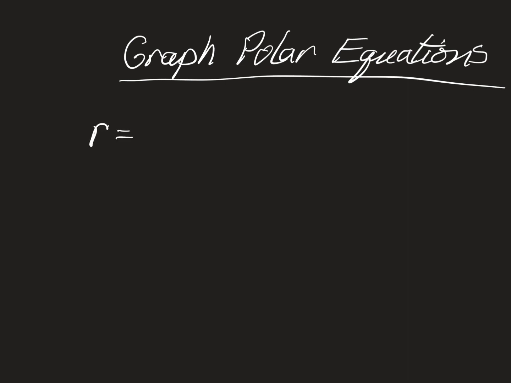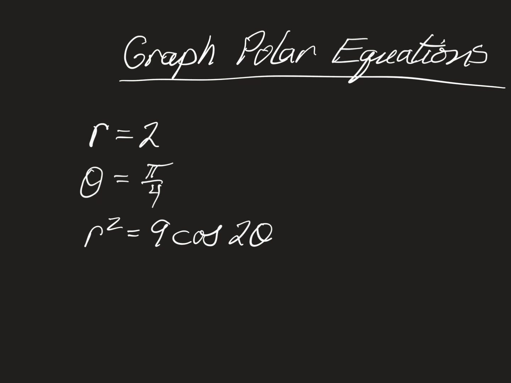It might look like r equals 2, or you might see something like theta equals pi over 4. Or you could see something like r squared equals 9 cosine 2 theta. Or r equals 5 times 1 minus sine theta.